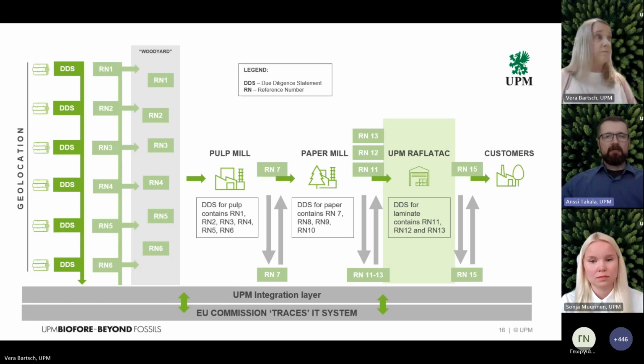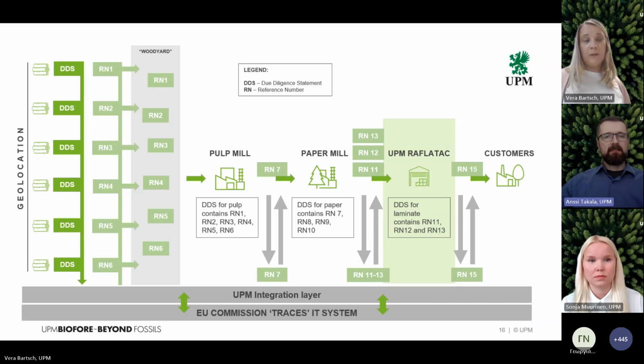The reference numbers are created in European Union tool called Traces, which is under development at the moment. We will call EU Traces from Raflatac internal mill execution system and request DDS references at the time of shipment to you. The call to Traces will go through a common UPM integration layer.